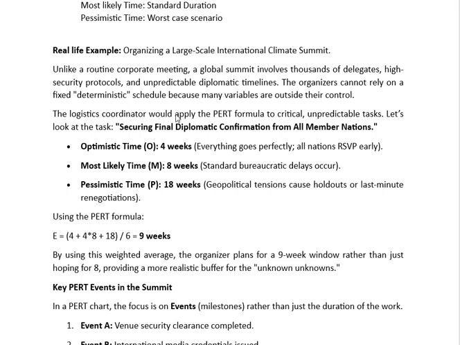The logistics coordinator would apply the PERT formula to critical unpredictable tasks. Let's look at the task: securing final diplomatic confirmation from all member nations. Let's say there are people coming from 25 nations, so the task is securing final diplomatic confirmation from all the 25 nations.